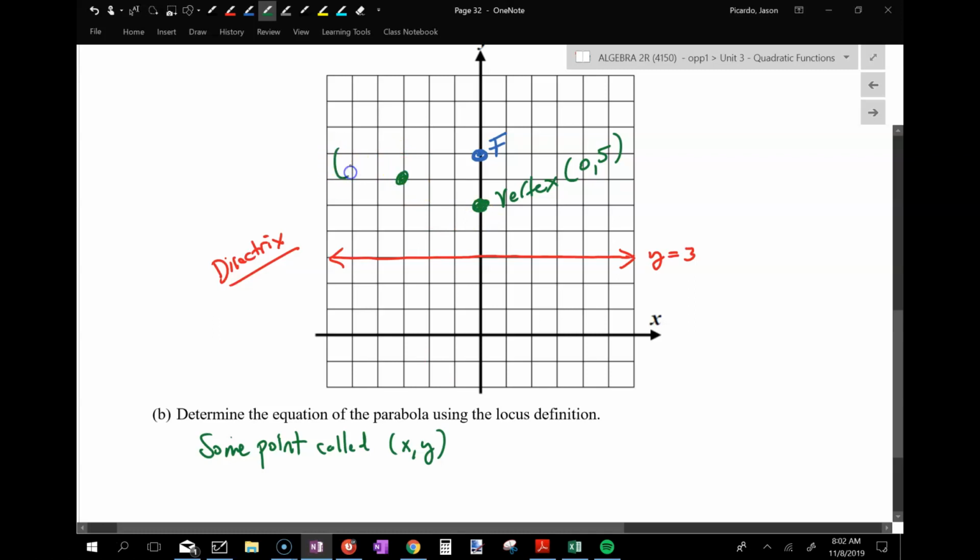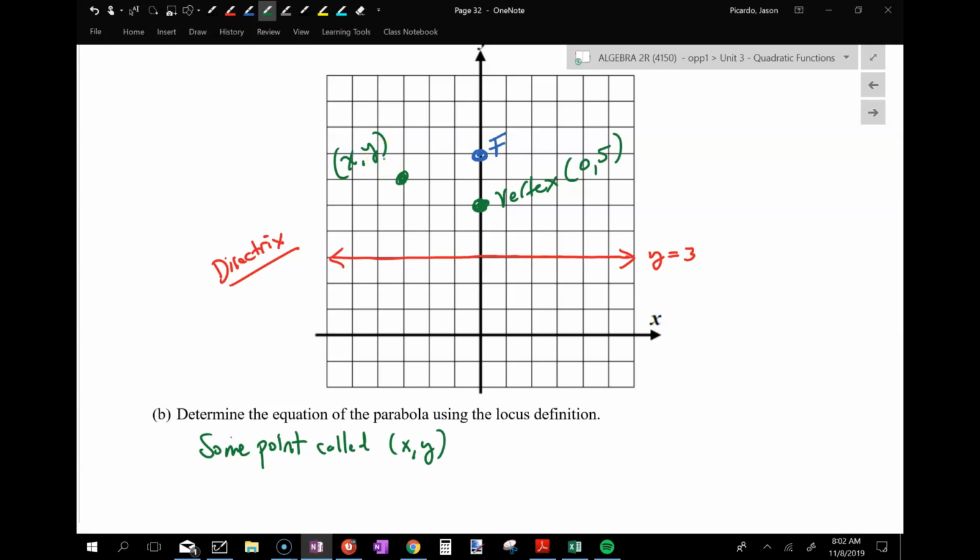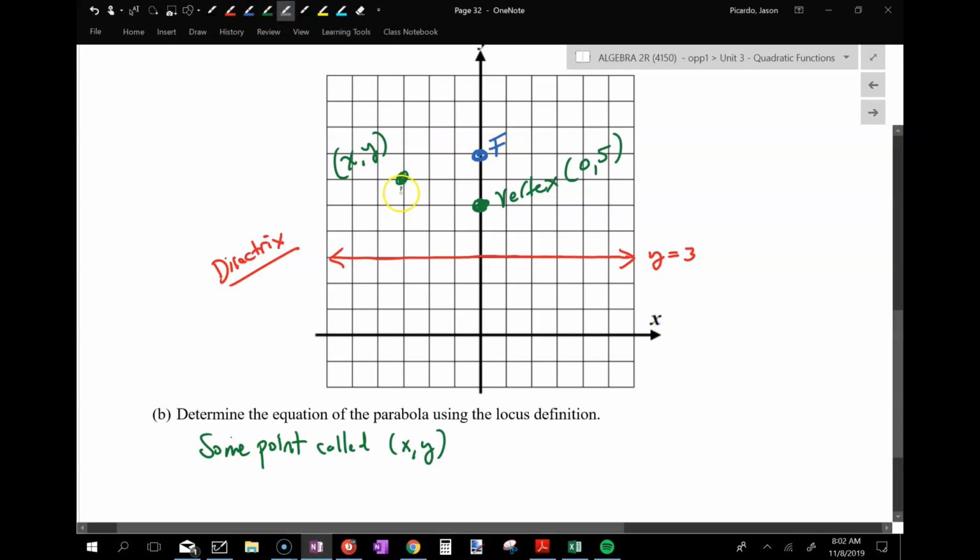Now, that's probably not an accurate spot, but I'm just going to call it xy for now, and we'll come back to it. Now, again, if you've been paying attention, what do we know about that point? We know that that point has to be equidistant from that and what? And that. Now, do we all agree that we know one of those lengths? We know this length, and this length is always going to be equal to what? The y.